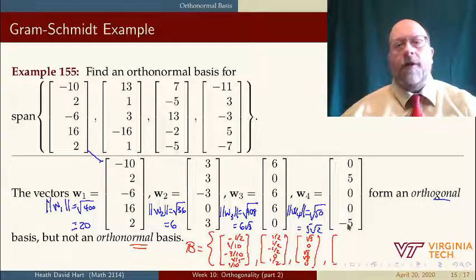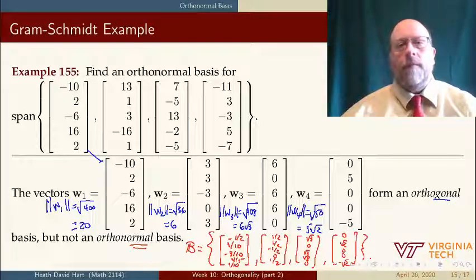And then this vector here gets divided by 5 root 2. So we get 0, root 2, 0, 0, negative root 2. All right.